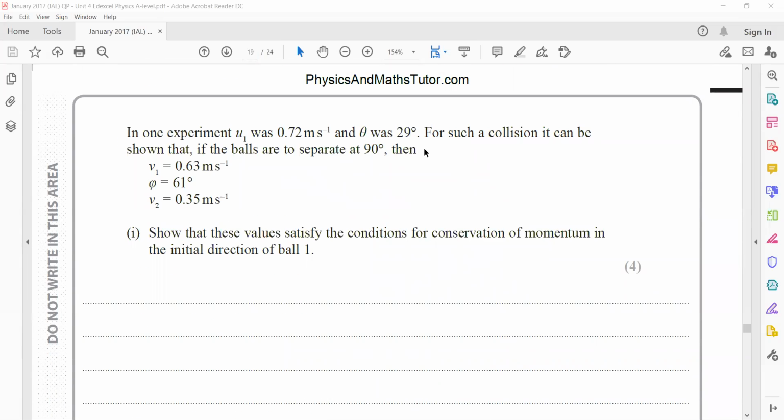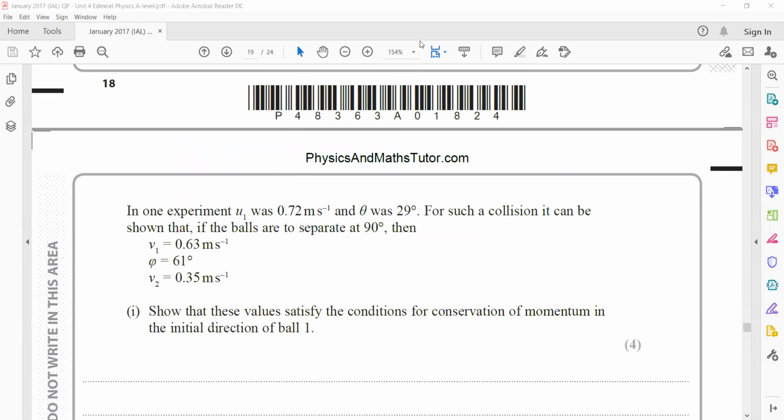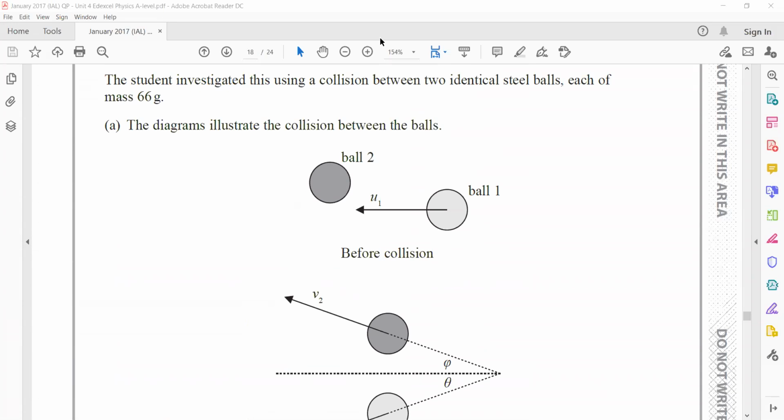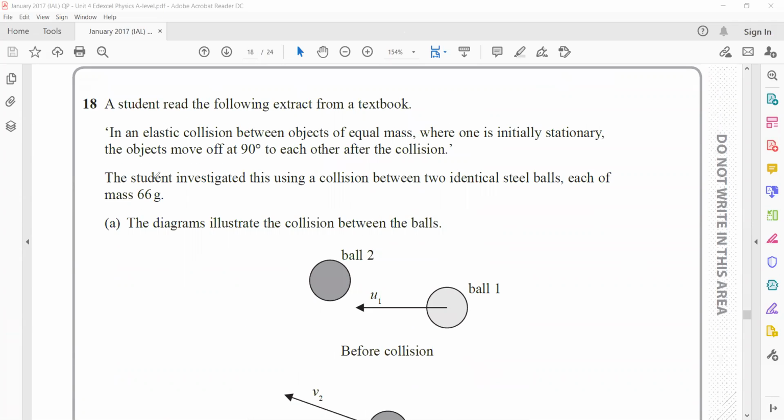In one experiment, u1 was 0.72 and theta was 29. For such a collision, the balls are separated by an angle of 90 degrees, then v1 is given, phi is also given, and v2. Show that these values justify the condition for conservation of momentum in the initial direction of ball 1, meaning conservation of momentum in x. We have all the values. The mass is in grams, so we will convert into kilograms, the SI unit.